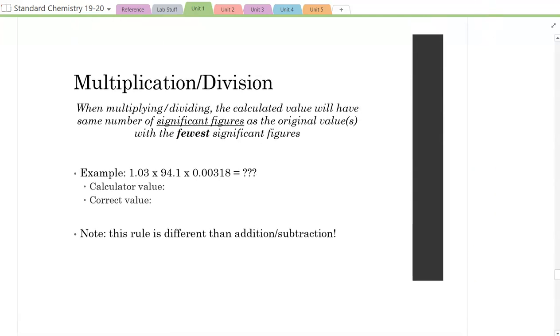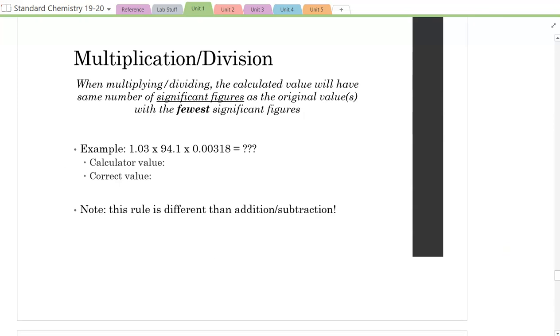Next one, multiplication and division. Now for this one, you're going to look at the definition and find that it's almost identical. It's very similar, except the one key difference is that when our final answer is reported, you will have the same number of significant figures as the original value with the fewest sig figs. Now remember, this is different than the first one, the addition and subtraction one.